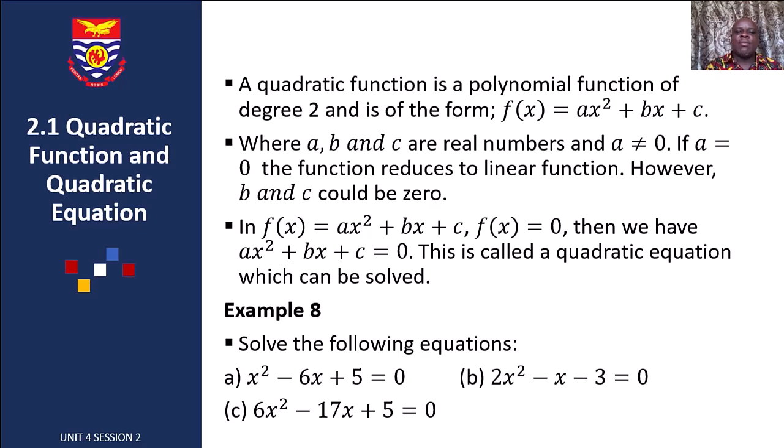For example, f of x is equal to ax squared plus bx plus c is a polynomial function that has degree 2 and so can be called a quadratic function, where a, b, and c are real numbers.